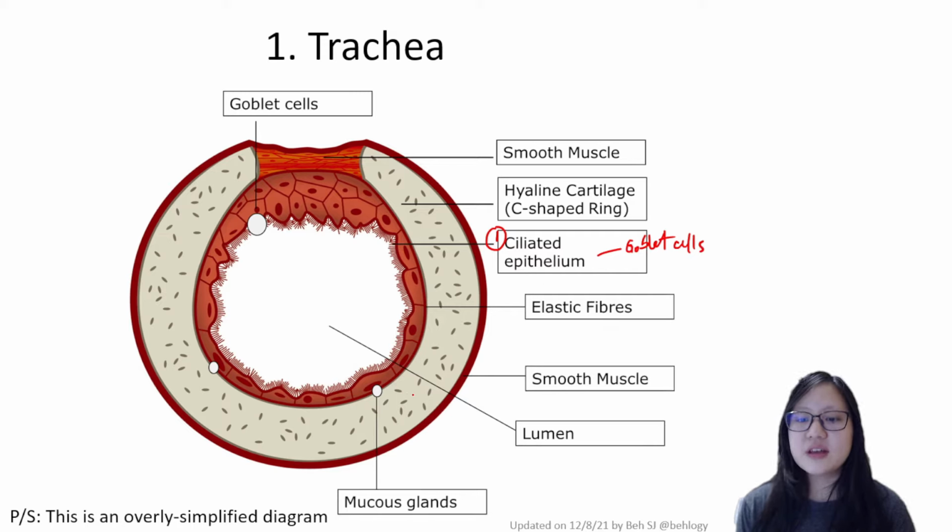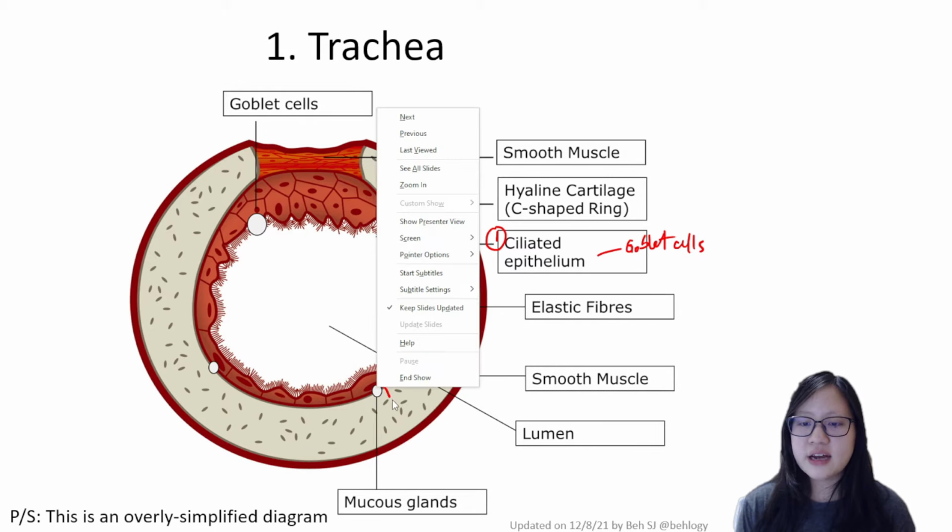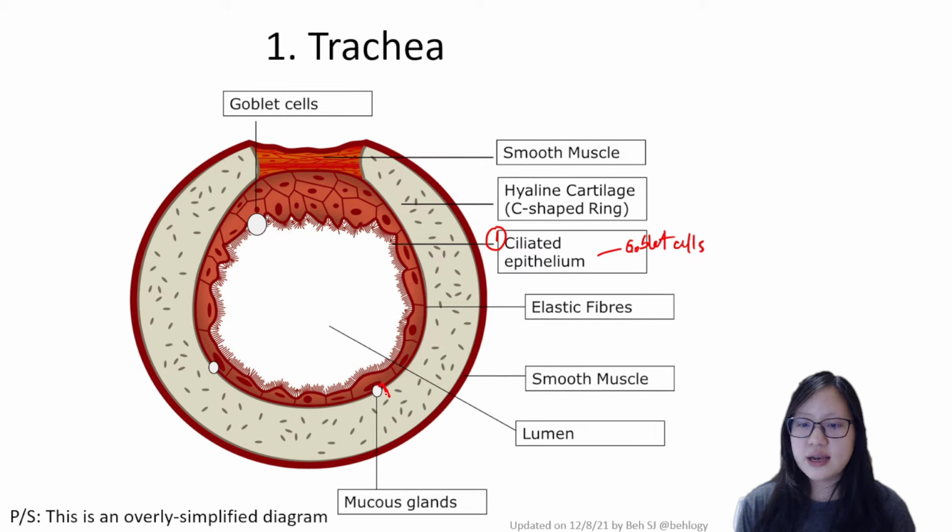Now, right after that layer, and I guess it's not really shown here, is where the mucous glands kind of hang out, and there are also elastic fibers. So elastic fibers and mucous glands actually make up the submucosal layer. I don't think it's very apparent here, but it will be very apparent in our next slide.